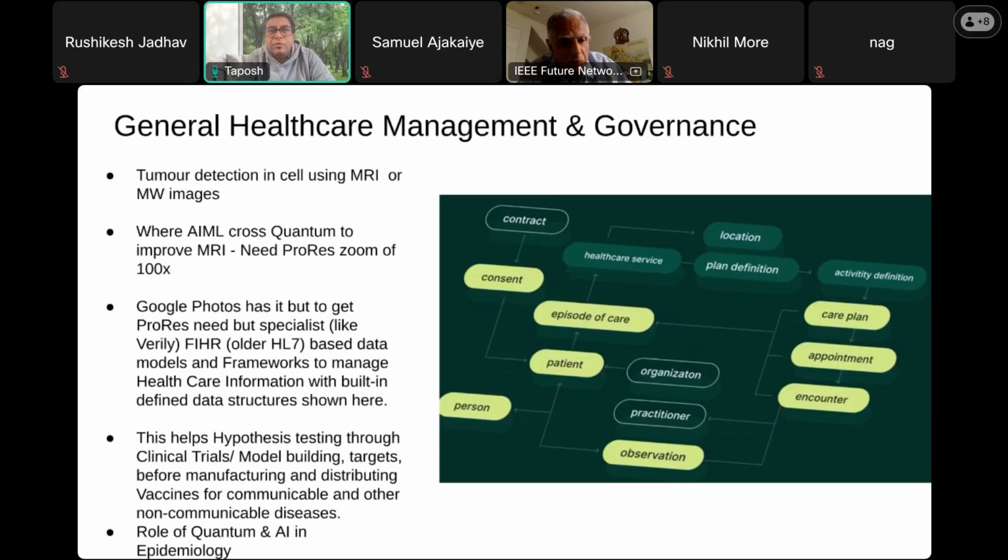There are a lot of possibilities in the future where you could use techniques such as simulations, and if it's a tumor, you can project the trajectory of the tumor, how it's going to increase or decrease. You will be able to do that in the near future with just AI, and quantum is going to help with its optimization capabilities to get even better. So that's where AI and ML will cross quantum computing. I think quantum computing right now, from a precision standpoint, especially the kind using annealing technologies such as D-Wave, will provide great input.